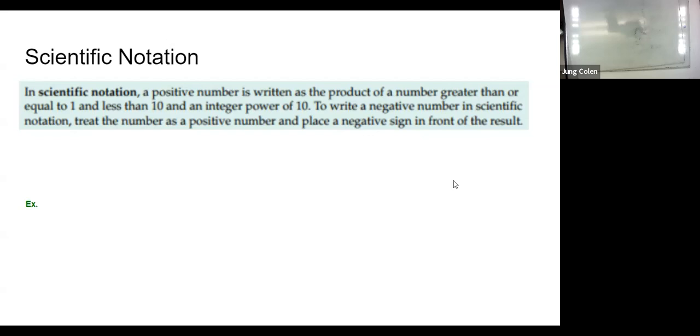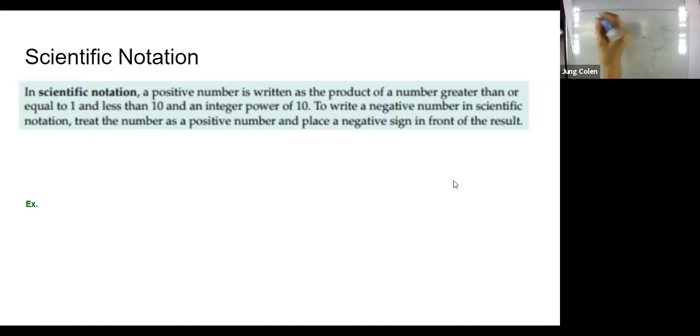Okay, by the way, scientific notation. Does anybody remember anything about scientific notation? How do you write it? You always multiply it by 10 to a certain power. Right, the power of 10 is important, but the number in front of it is really important too. It needs to be between 1 and 10, including 1 but not including 10.